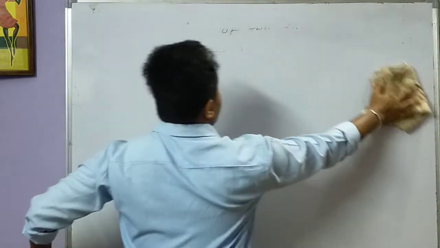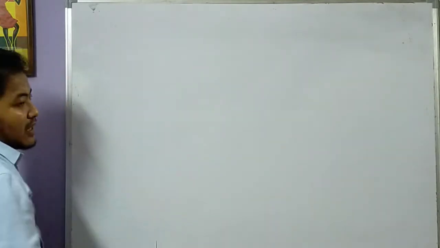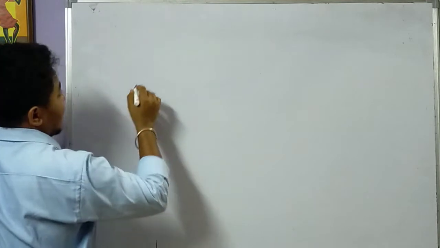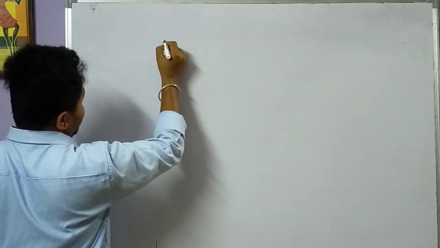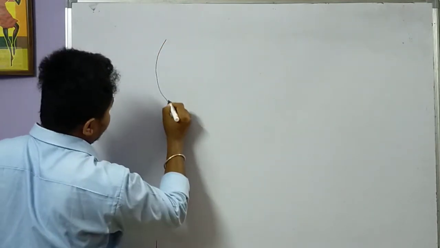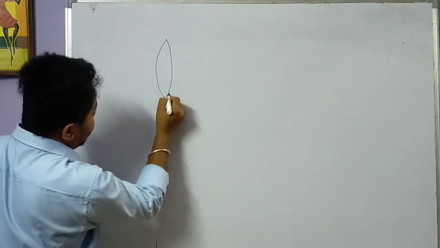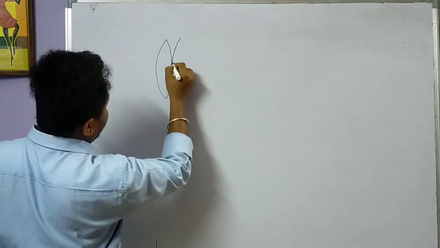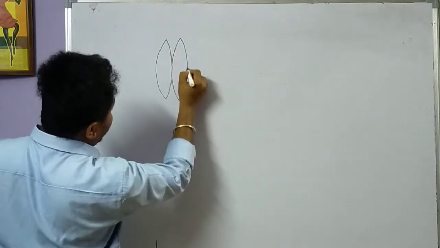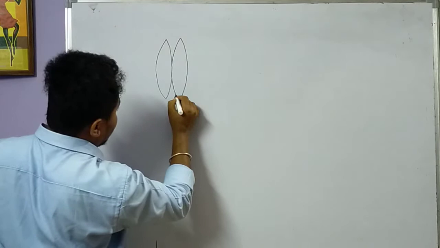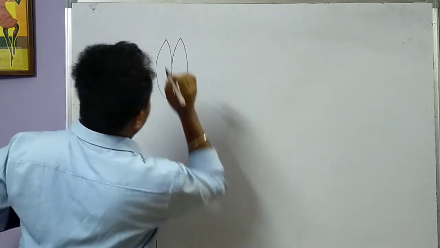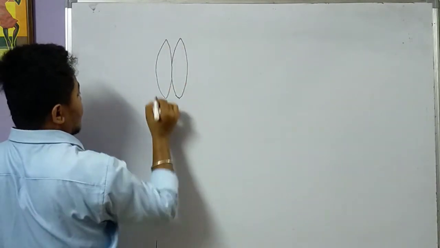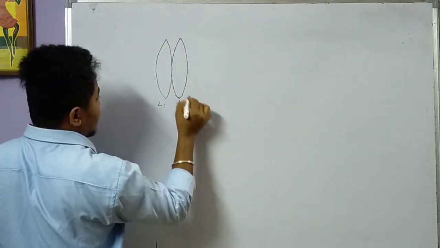Now for that we need two lenses to be combined. If I take two very thin lenses in contact, that means suppose I have taken here two lenses that are in contact. This is lens number 1 and this is lens number 2.